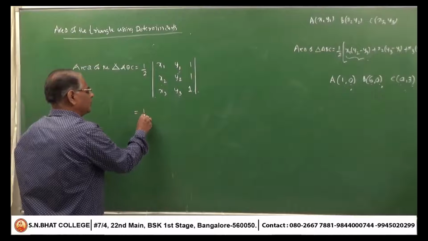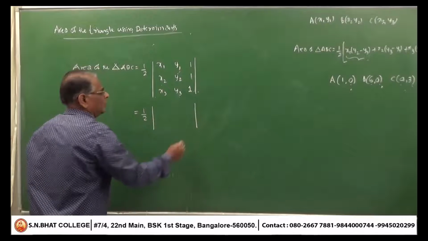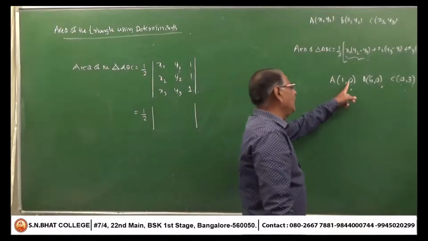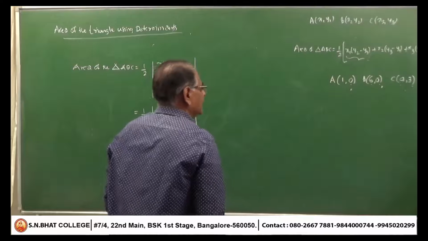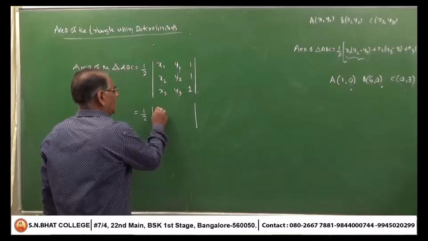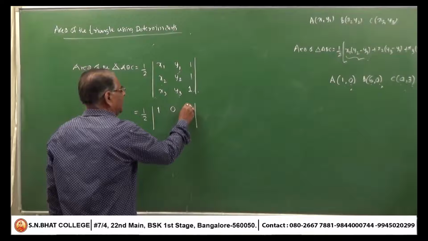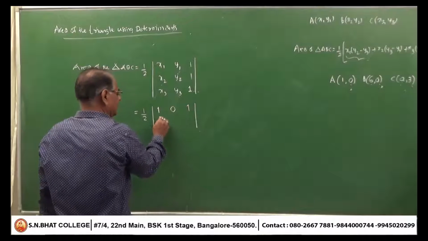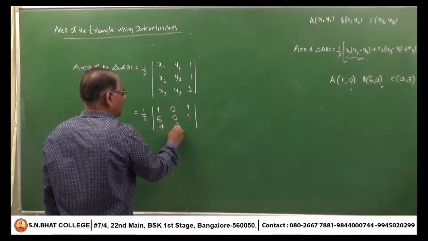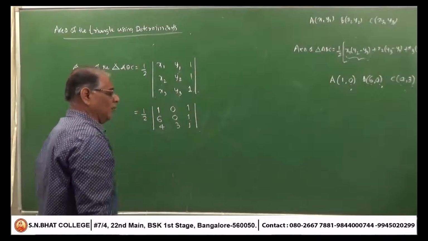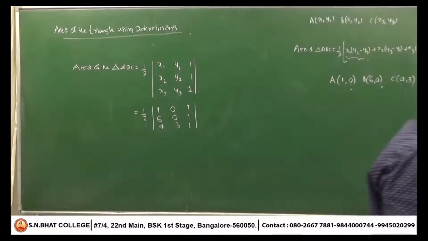Half into the determinant of 1, 0, 1; first row is x1, y1, second is x2, y2, third is x3, y3. Third column is the same, 1, 1, 1. Compulsory in the examination.